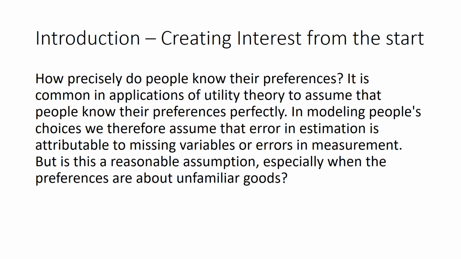So these are, again, the very first words of a journal article. And you can tell from that people are actually, in the real world, unaware of their preferences. And the writer of the paper argues that most people are unaware of their preferences.